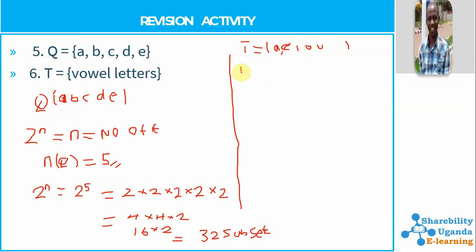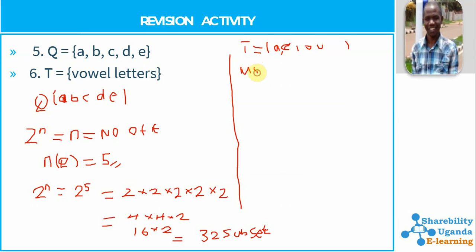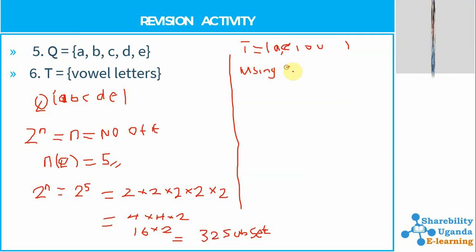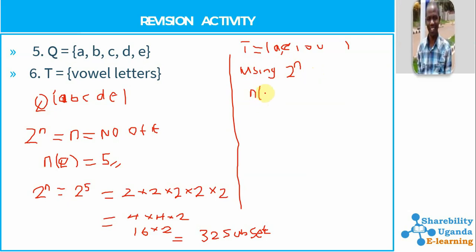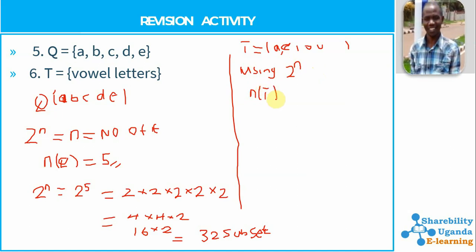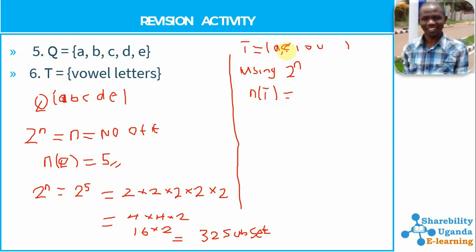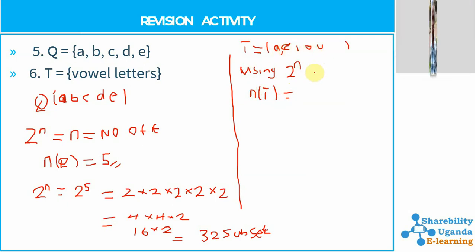Here we shall use our formula 2 to the power n, where n is the number of elements. Our number of elements of T is found by counting the first element, the second, the third, the fourth, and the fifth.